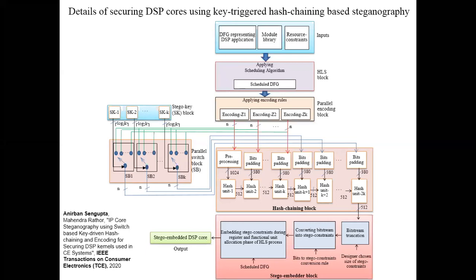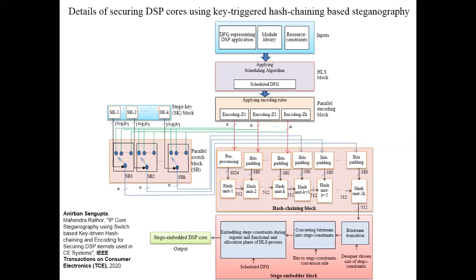In the pre-processing phase, we generate the 1024 bits because the hash block that we have considered here is SHA-512, which usually accepts 1024-bit streams. This 1024 bits is generated and fed into hash unit 1.